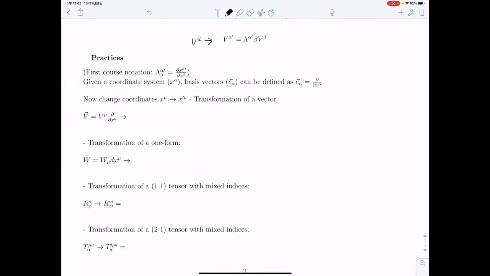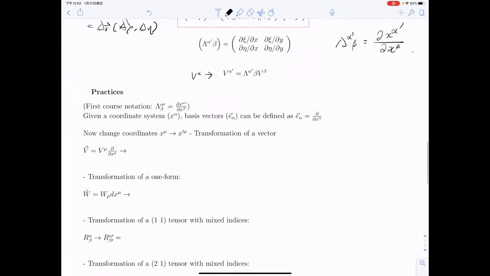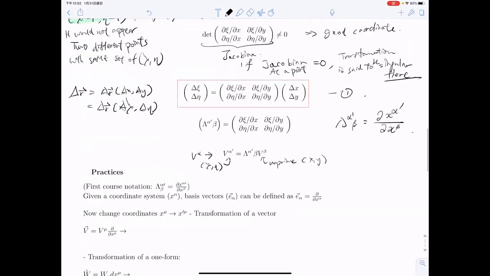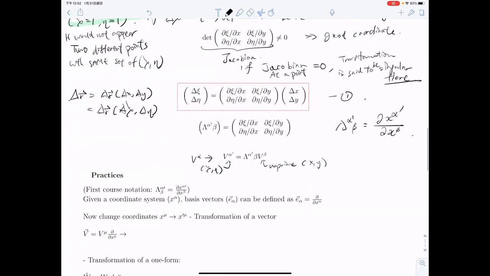Let's see some practice. Basically, the unprimed index refers to xy, and the primed one refers to xi eta. The indices can only take the values 1 and 2, because we just choose 2 dimensions.